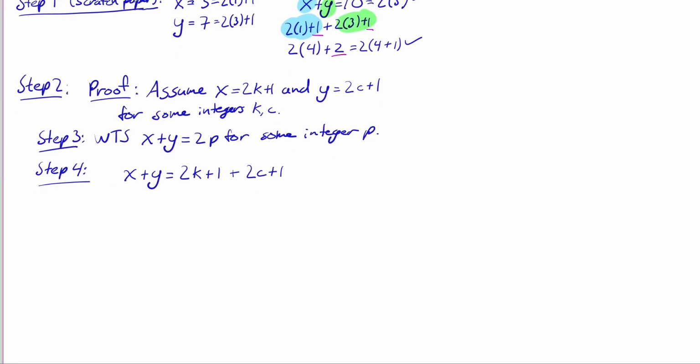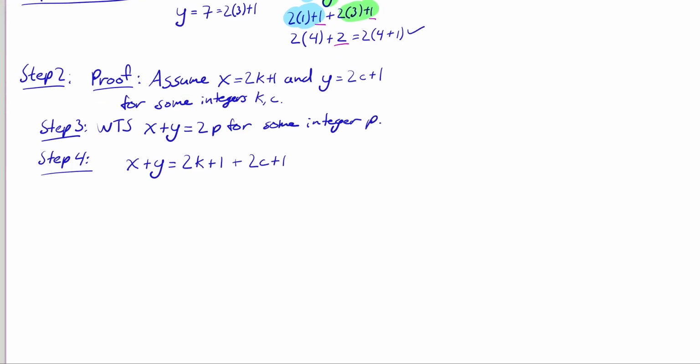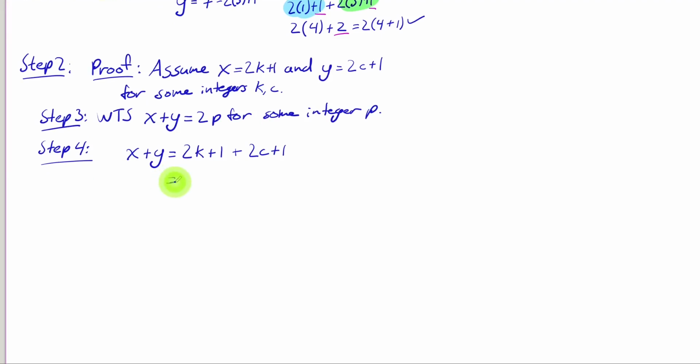Now, you can still use everything you know about math from your other classes. Like, for example, you know the distributive rule. You know that 2k plus 2c can be written as 2 times the quantity k plus c. And you know from other classes that 1 plus 1 is 2.